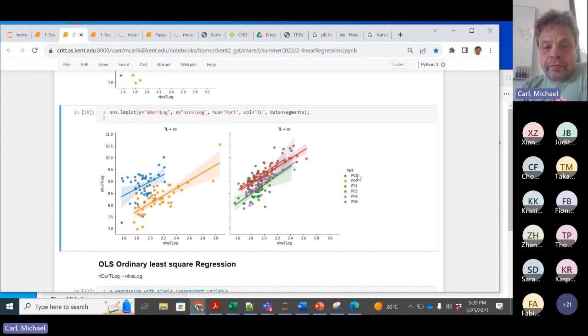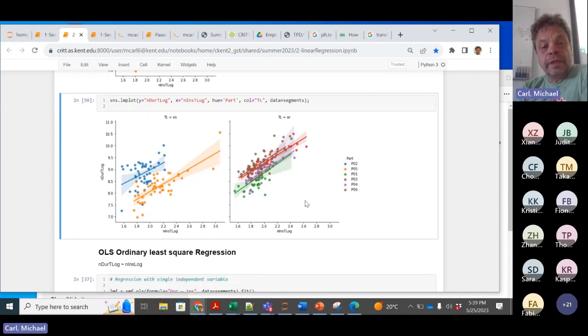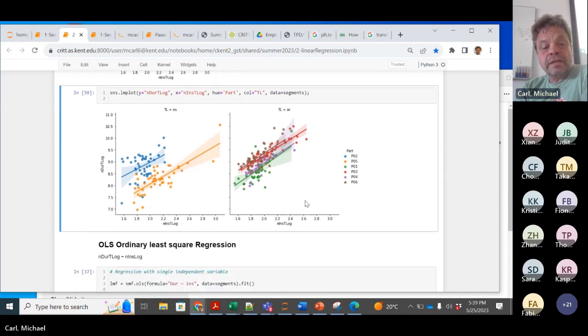So 2 and 5, as you can see here, are Spanish, and 1, 3, 4, and 6 are Arabic translators, and they all seem to have a similar slope.